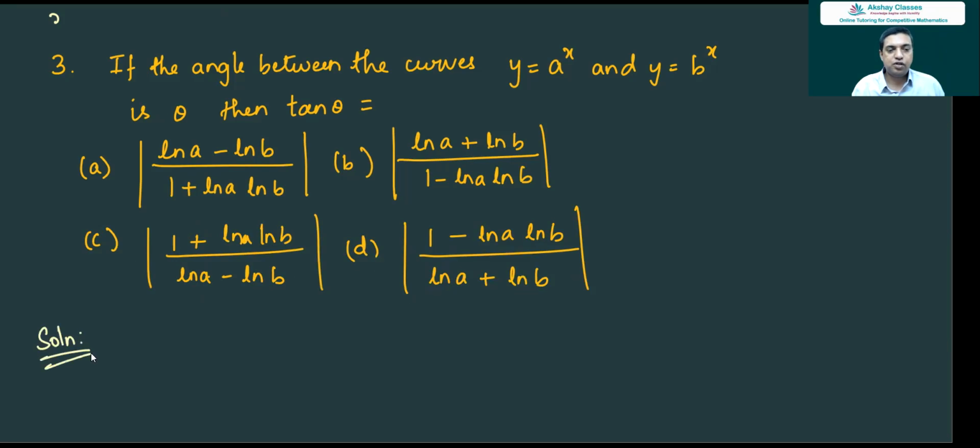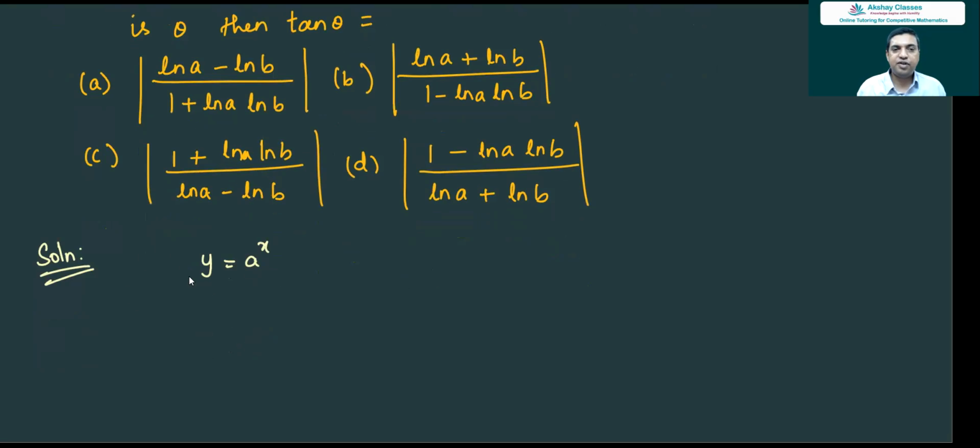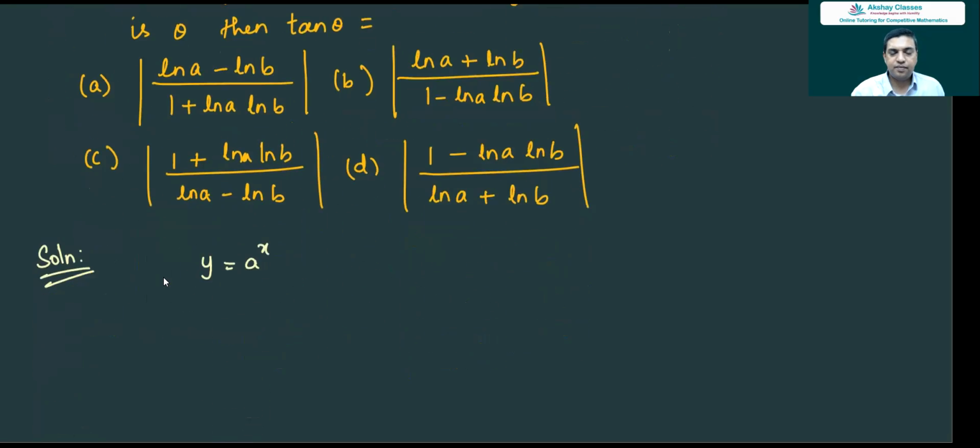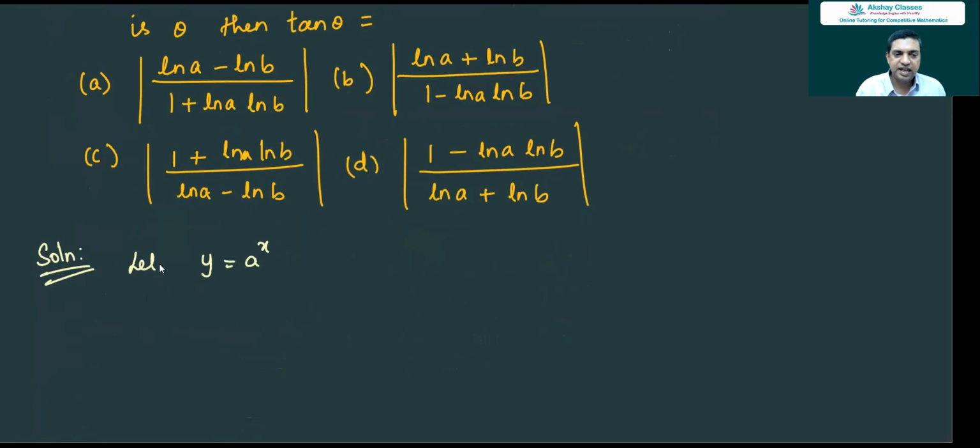So I'll solve this. Let y equal to a power x and y equal to b power x intersect at P. Now what will be this point P? x1 comma y1, let us see.